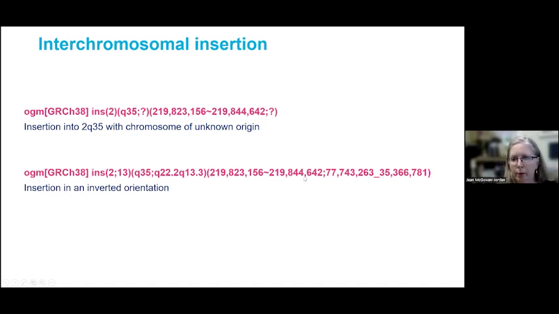Here is the insertional breakpoint, and here is the material from chromosome 13. You'll notice that the nucleotides are reversed in order because the material that's been inserted into chromosome 2 relative to P-ter to Q-ter is inverted in orientation.